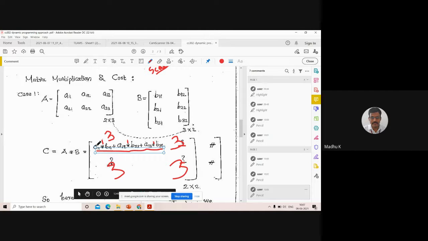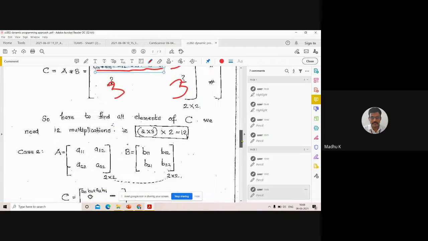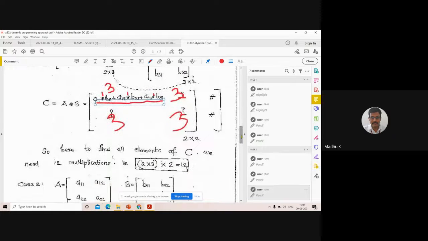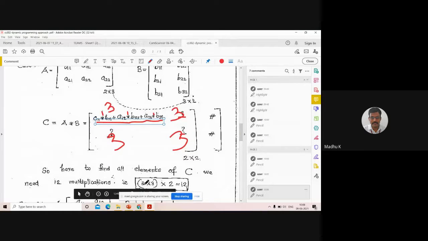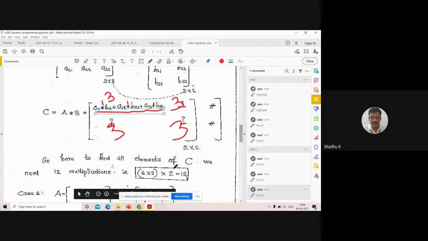So to perform this multiplication of the 2 matrices A and B, we need 12 scalar multiplication operations. This is very, very important. To find all the elements of C, we need 12 multiplications. It came in this way.